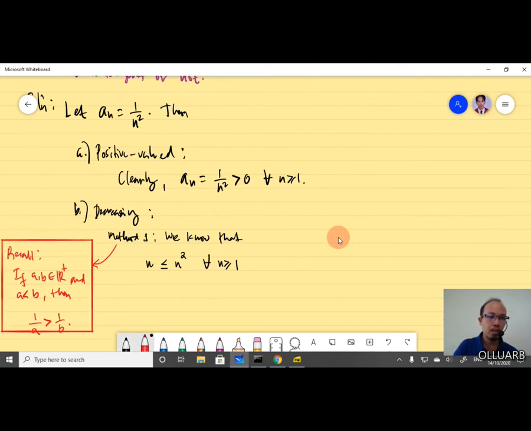With this, we can write 1 over n is clearly greater than 1 over n squared, for all n greater than or equal to 1. We can reverse that.